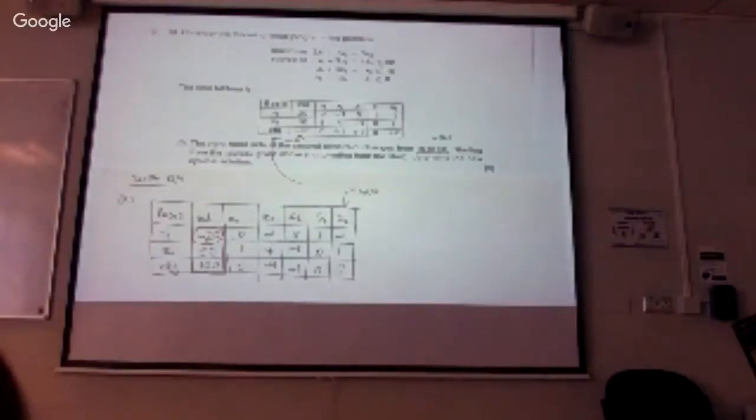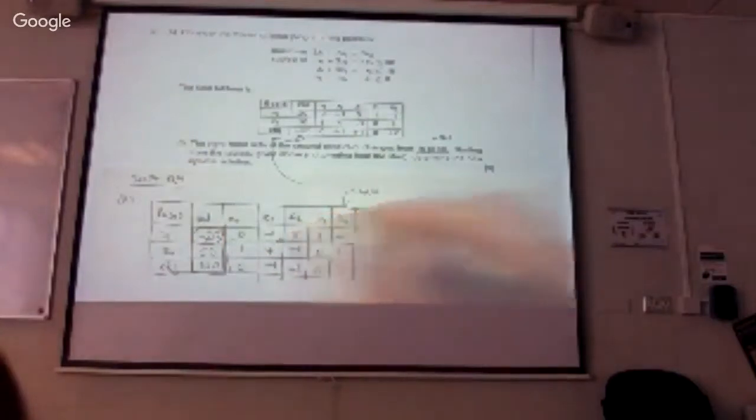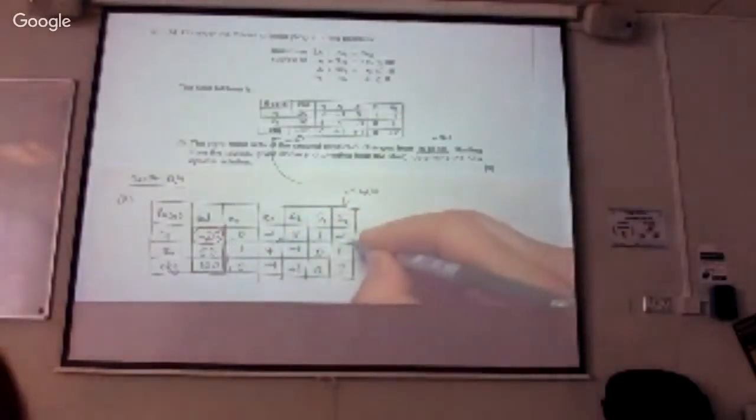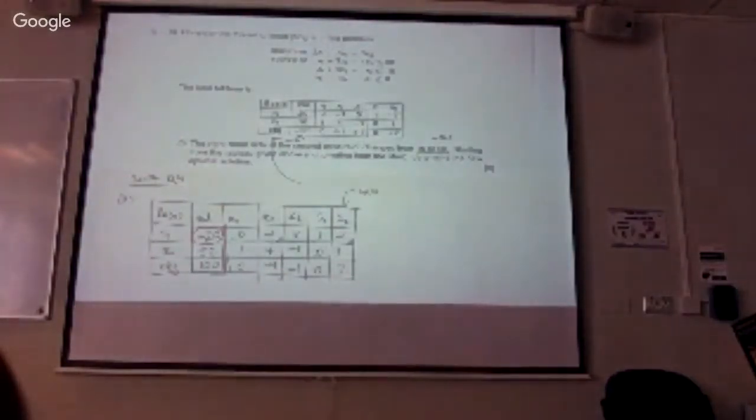And what do you look for in that row? Negative values. There are two. That's going to be one of them. If there's no negative values, not a single negative value in that row, you can say that the problem is not feasible and stop.